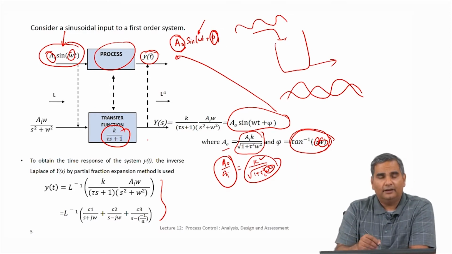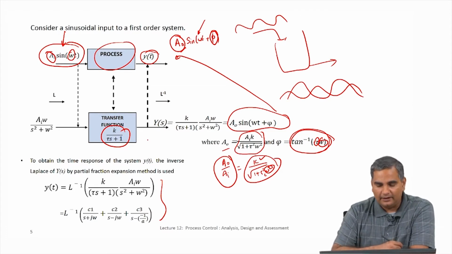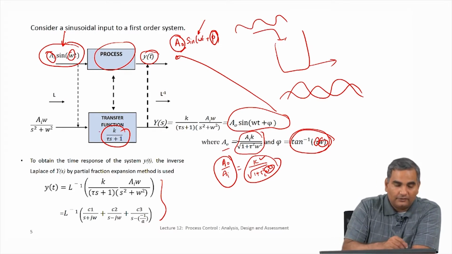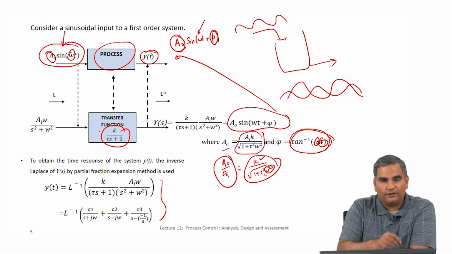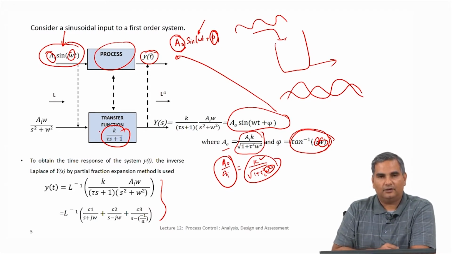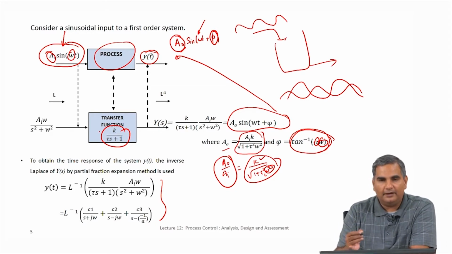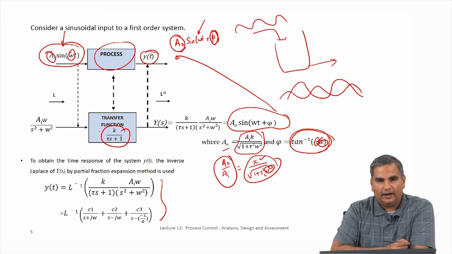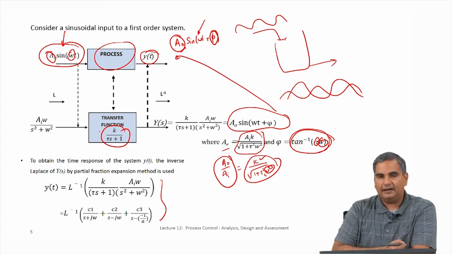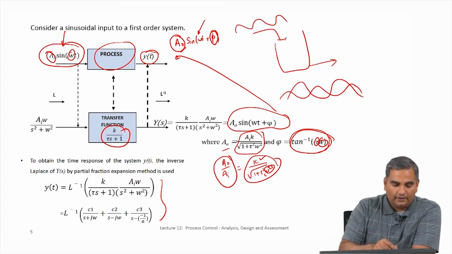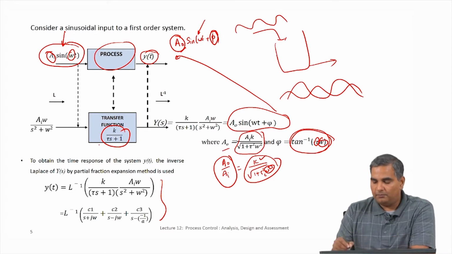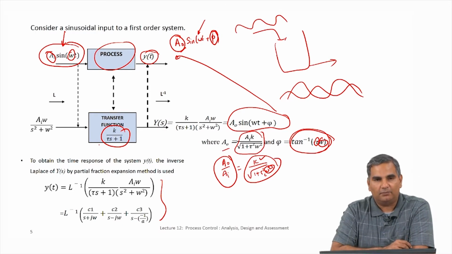So, if I define the output amplitude by input amplitude as the gain, then that gain is a function of not only the transfer function parameters, but also the frequency at which you send your input signal. Similarly, the output is going to lead or lag the input, and how much that is again depends on not only the parameters in a transfer function, but also the frequency at which the input is given.